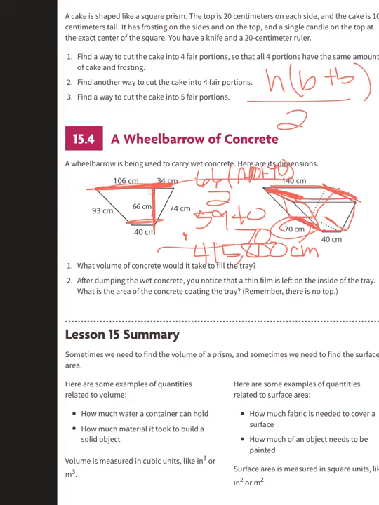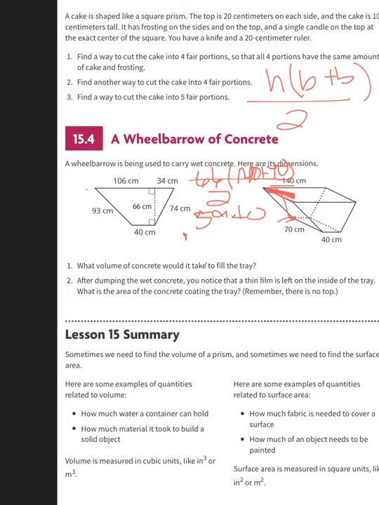That's number 1. Number 2 says, after dumping out the concrete, you notice that there's a thin film left on the inside of the tray. What is the surface area, or what is the area of the concrete in the tray? Remember, there's no top. So we need to find the surface area of the inside of the wheelbarrow.